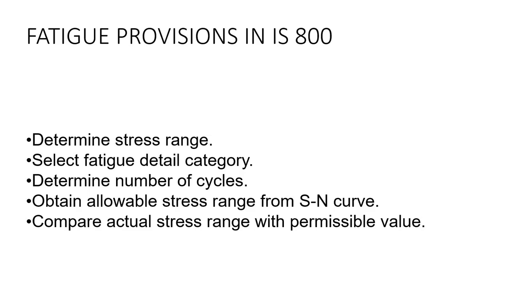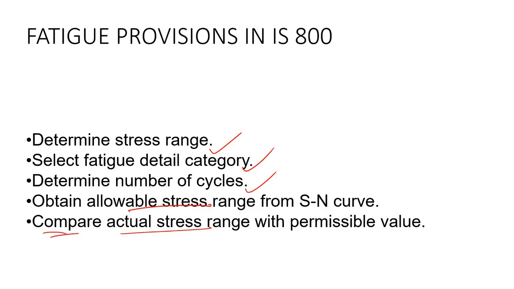Now we will discuss the provision made in IS 800. According to IS 800 clause 13, fatigue verification is required for structures that are subjected to repeated loading, which you have just seen. The code also recommends that we determine the stress range, select the fatigue detail category, determine the number of cycles, and then find the allowable stress and actual stress and compare them.